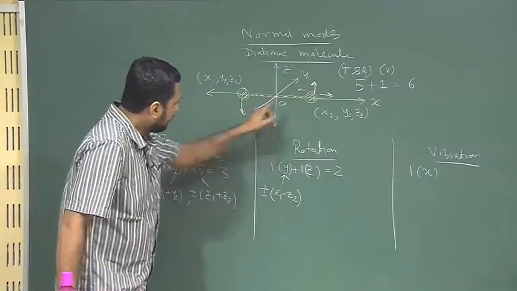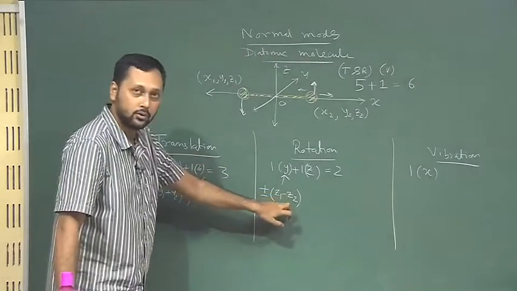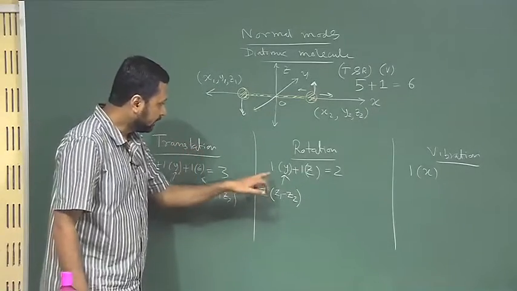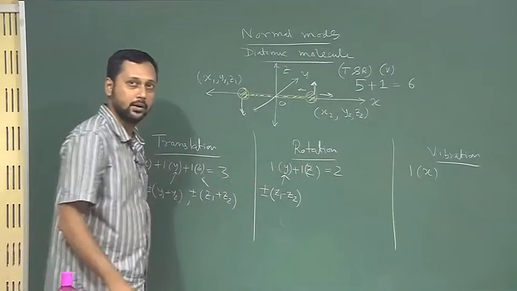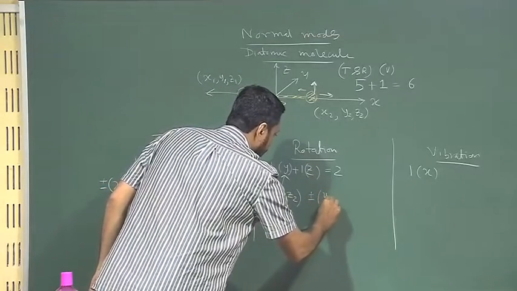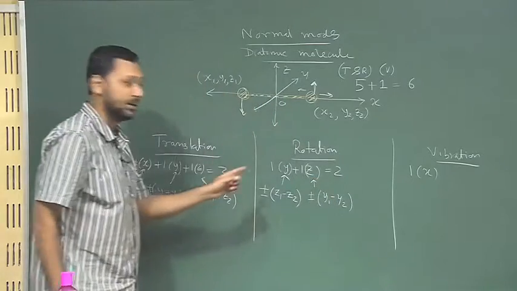Either z1 is going up and z2 is coming down, so z1 minus z2 will always be positive, or the other way around. Whatever it is, this will give you a rotation around y. Similarly, a combination of y1 minus y2 will give you a rotation around z.